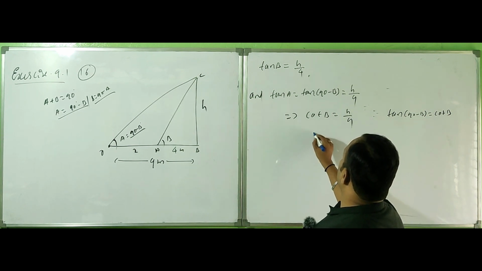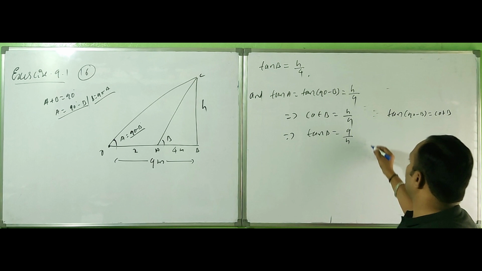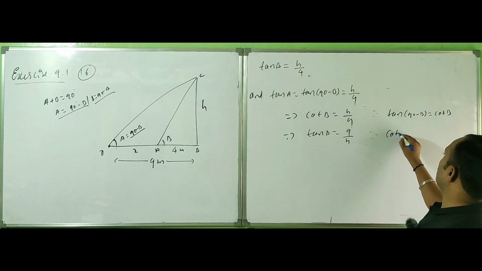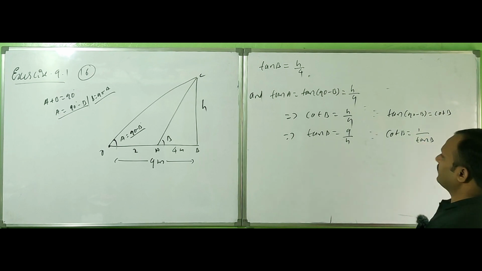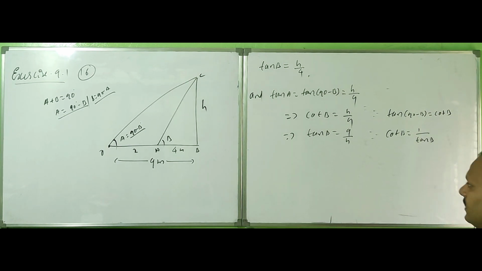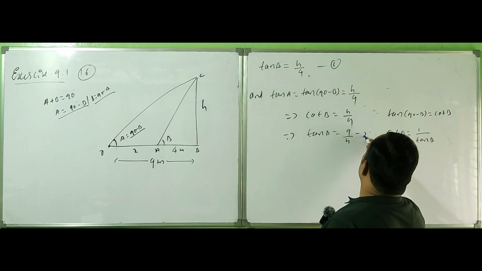Okay, this can be written as tan B is equal to 9 by H, because cot B is equal to 1 by tan B. Right? Okay. This is equation 1 and this is equation 2.